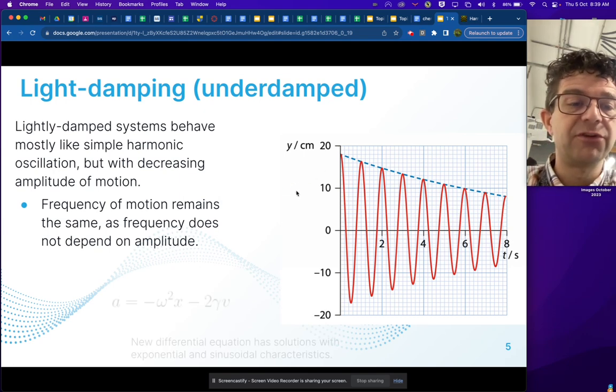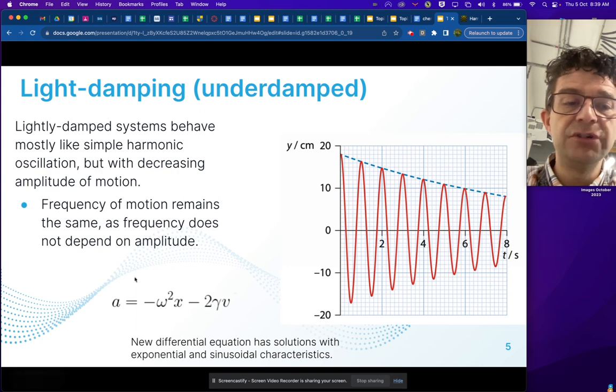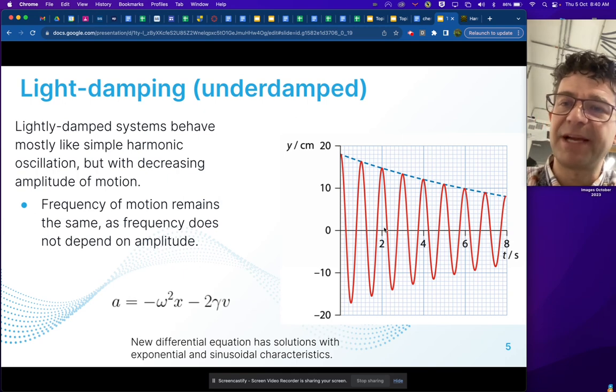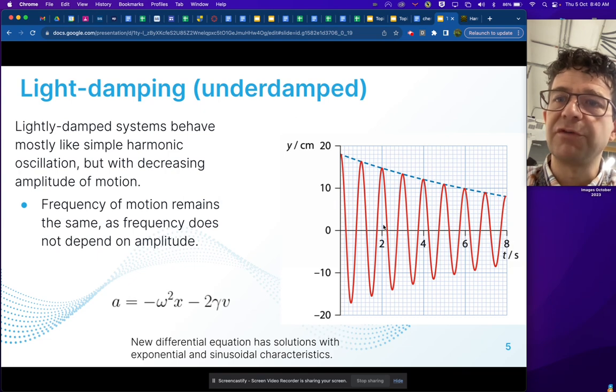And your solution to the new defining equation, which looks like the simple harmonic motion defining equation, with a new term that includes an acceleration that is proportional to velocity, that sort of Stokes damping term. The motion remains periodic, and the frequency doesn't change much, especially if the damping is light, from the natural frequency of that system.